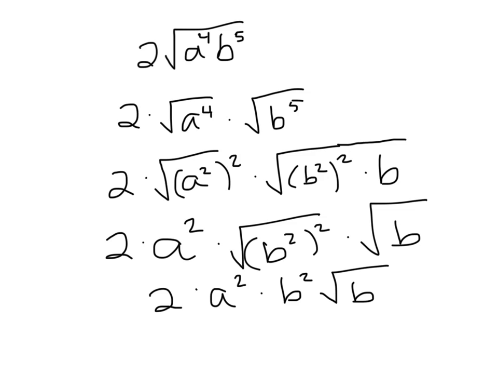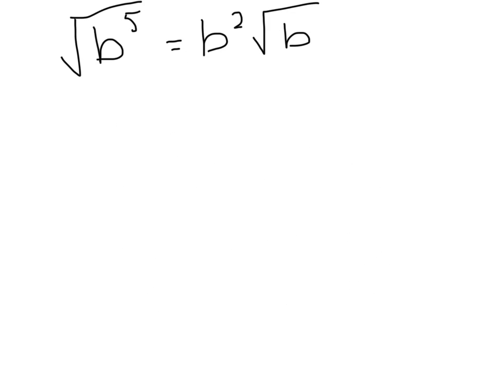Again, my goal when simplifying these radicals is to get the smallest possible thing inside of the radical. B is the smallest possible value to be left inside of the radical, since I could simplify the square root of a to the fourth as a squared, and the square root of b to the fifth as b squared times the square root of b.